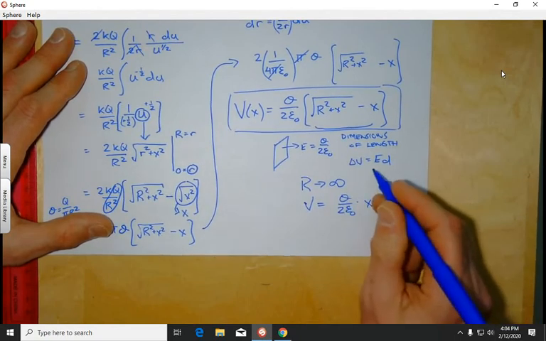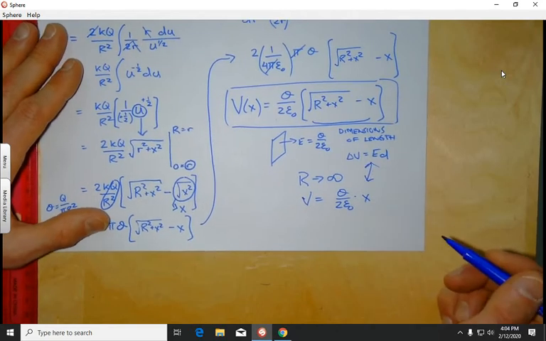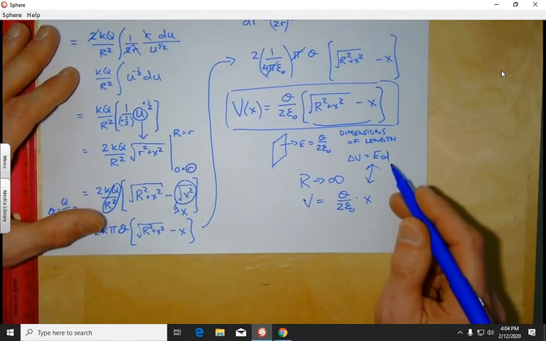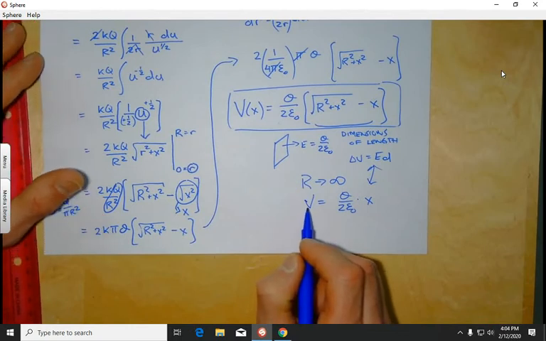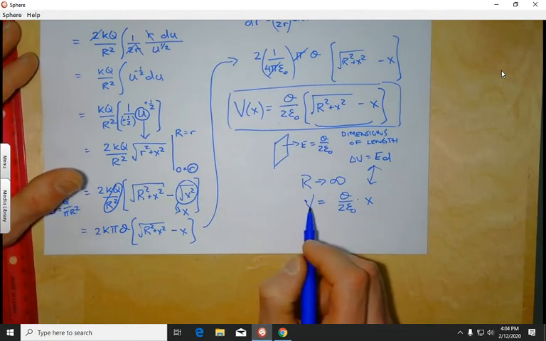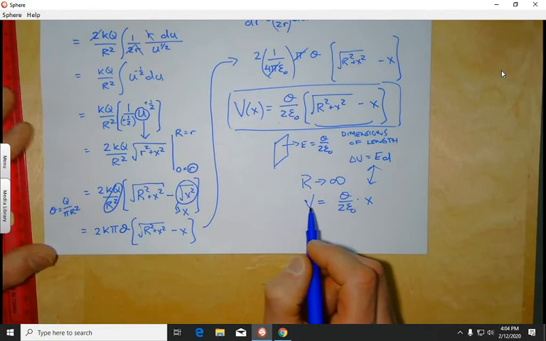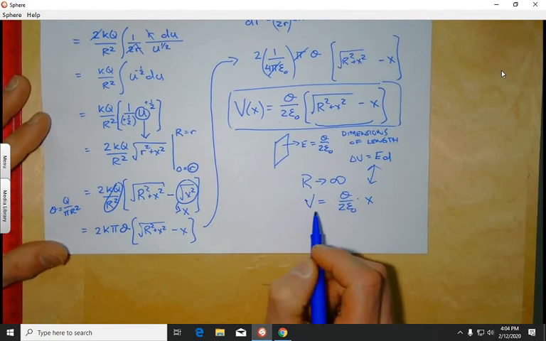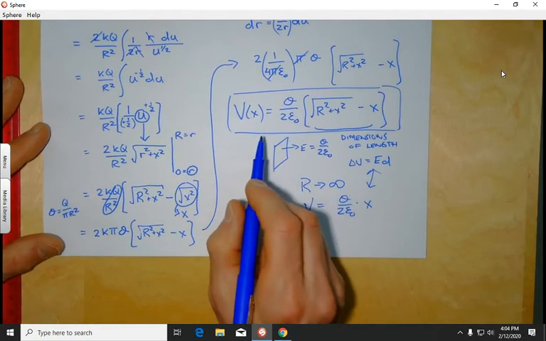And that's a lot like the expression that we saw for the infinite sheet. So I'm not going to prove this to you because it gets into a little bit beyond where we are right now. But maybe I'll show it to you in a few more lessons, how that comes about. So that's what you got for this.